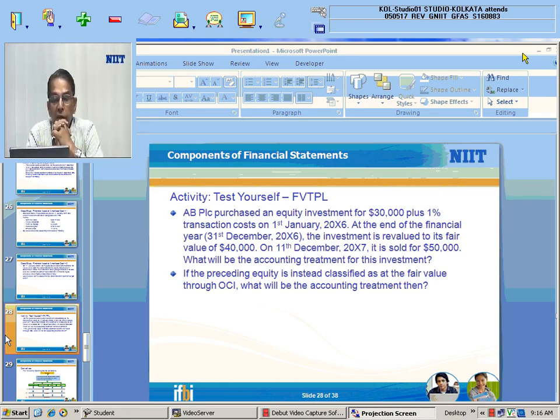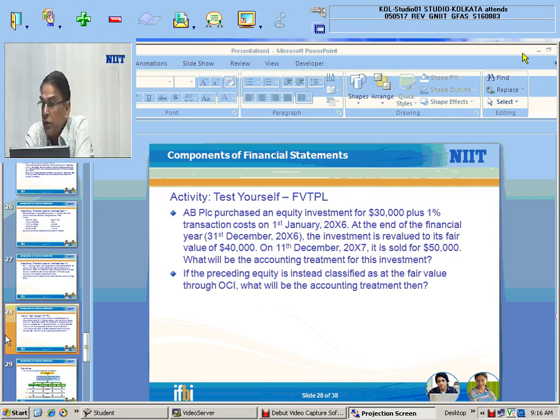At the end of the financial year, 31st December 2086, the investment is revalued to its fair value of 40,000.